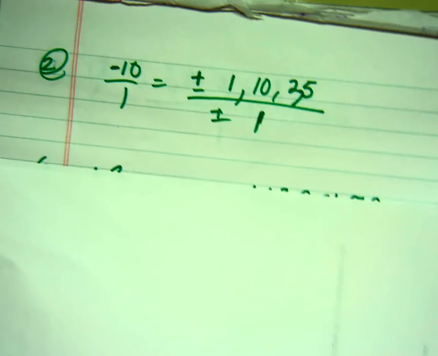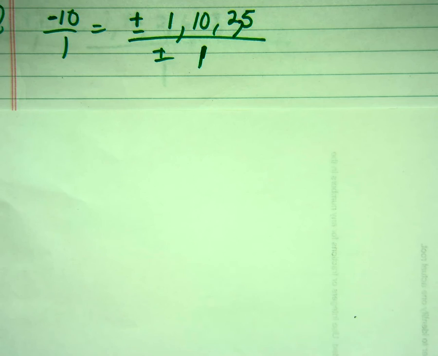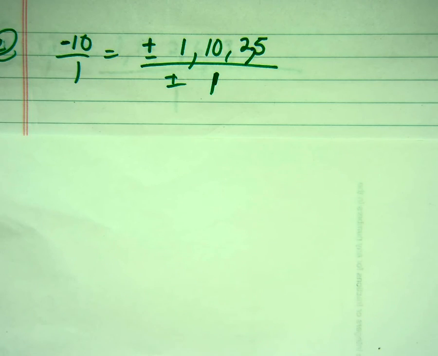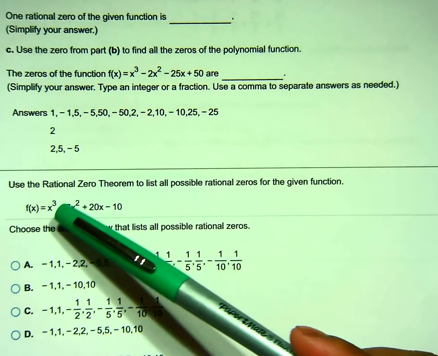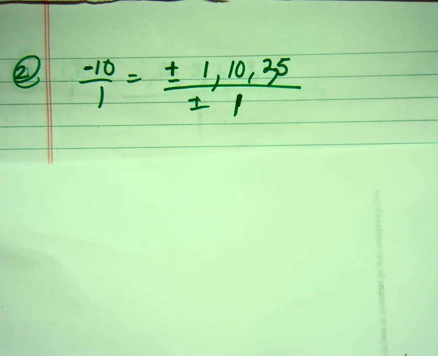You had a constant of negative 10 and a leading coefficient of 1. So we know the factors of negative 10 and 1. You have plus and minus 1 and 10, and plus and minus 2 and 5, and then of course the plus 1. Since it's only asking for those, that's your answer.